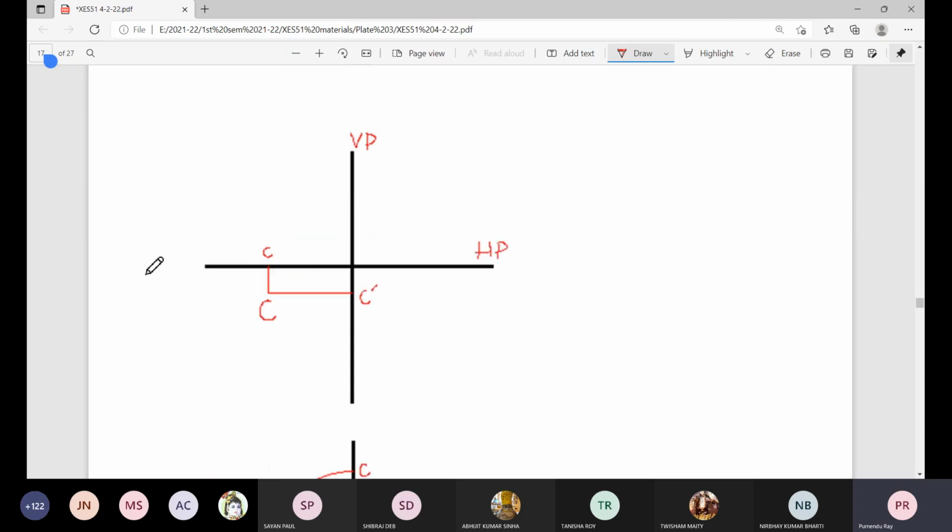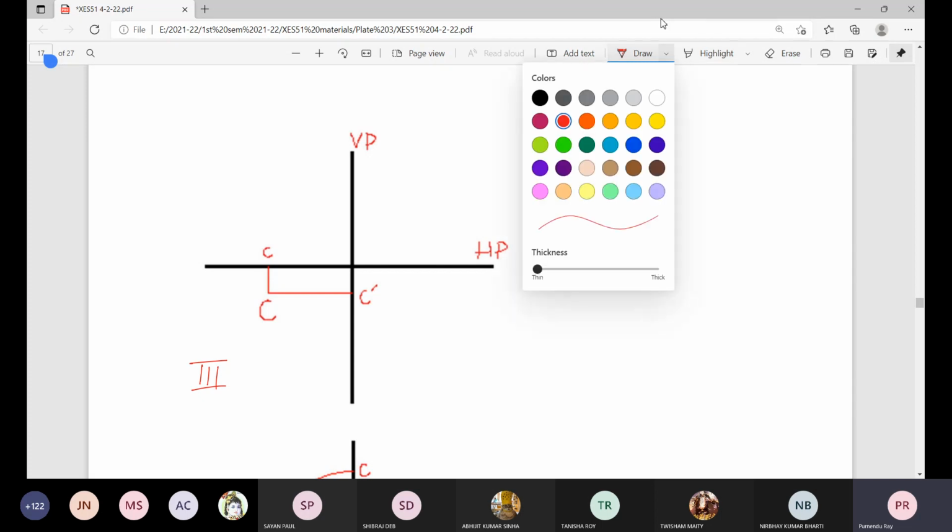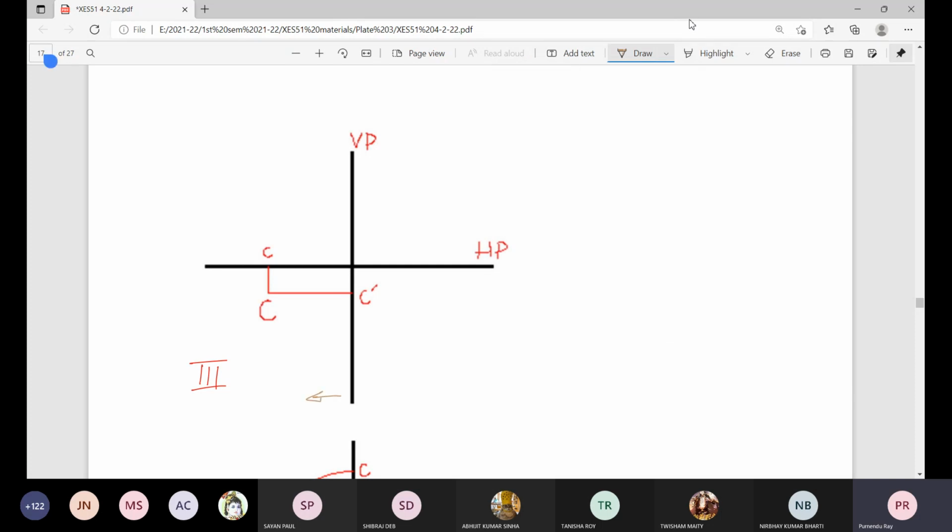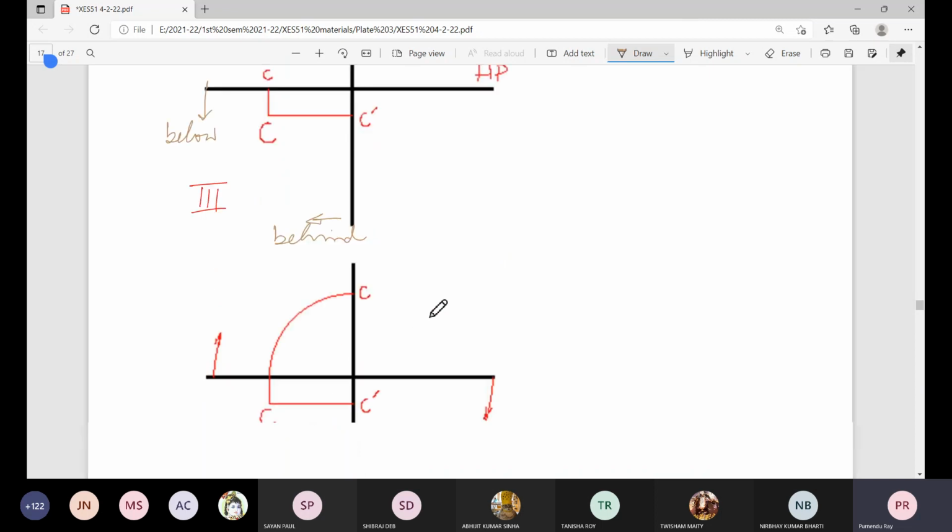So when you take up this point C in third quadrant, that is behind VP and below HP. Okay. So this is behind VP and below HP.